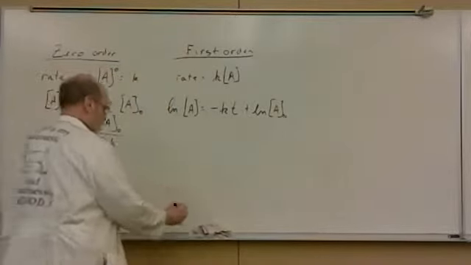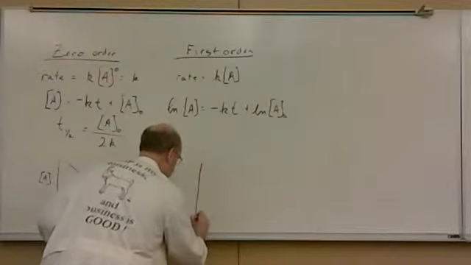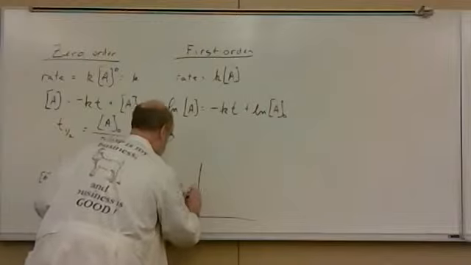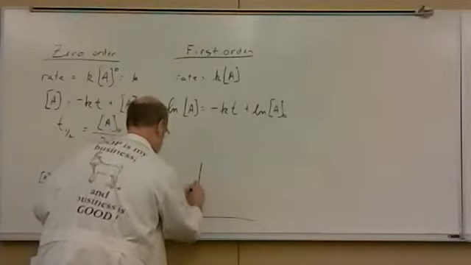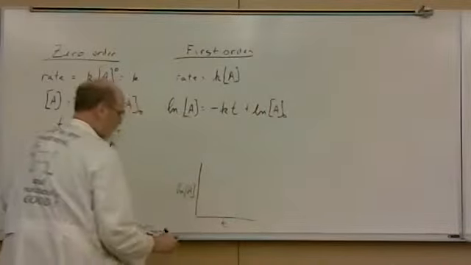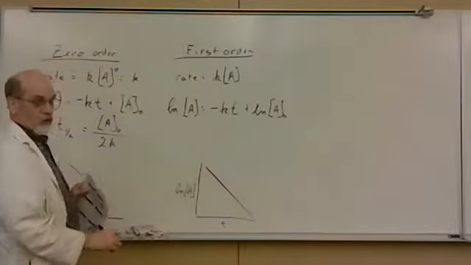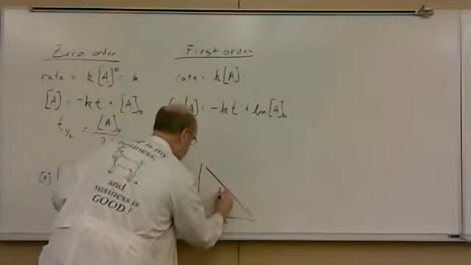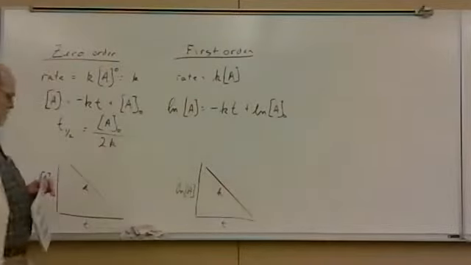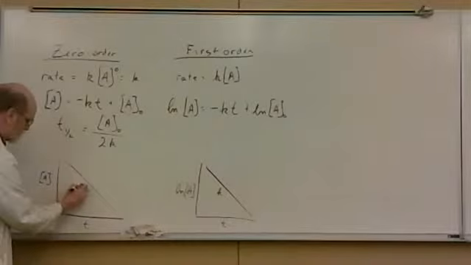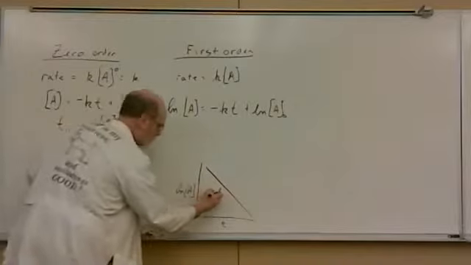If we plot this one, we need the natural log of A concentration versus time, and that will be a negative slope. Actually, this is negative K.